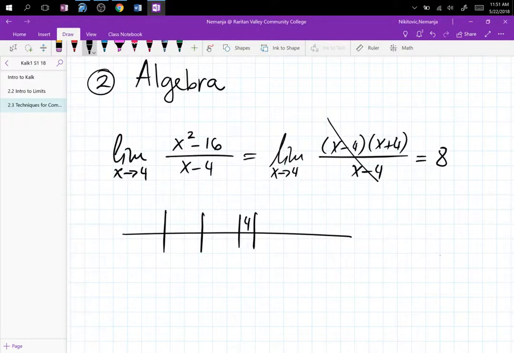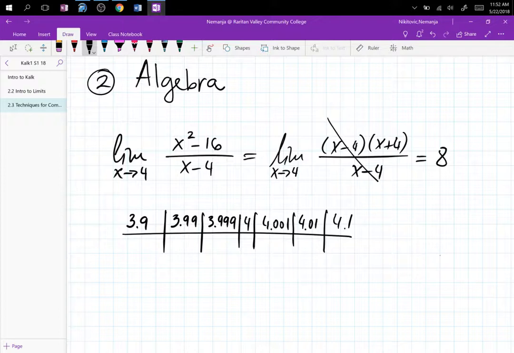So we need to have 3.9, 3.99, and 3.999 to the left. 4.1 all the way to the right, 4.01 and 4.001.